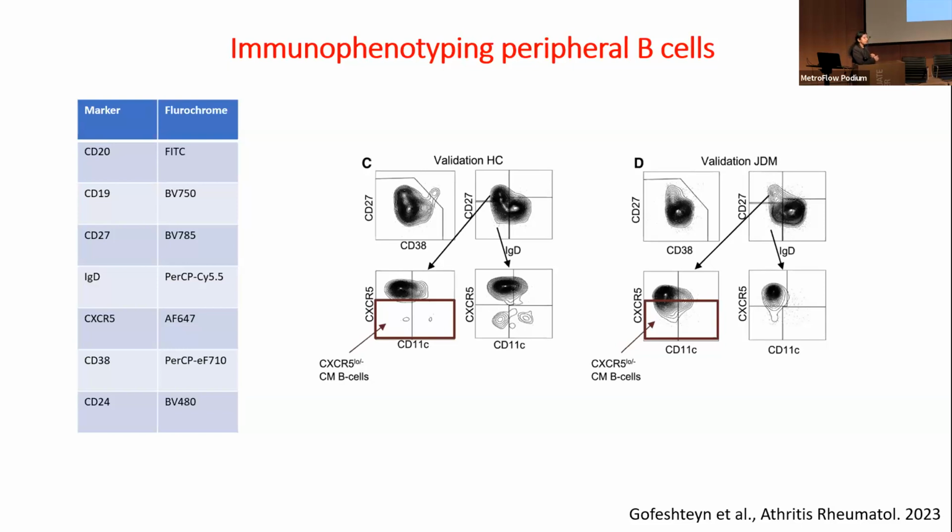So initially we were hoping to see if there was an expansion of double negative cells, which are CXCR5 negative, here. You can see this is a healthy control, and this is a representative gating for the JDM patients. There is a population of CXCR5 low conventional memory B cells that are much more abundant compared to the healthy controls.